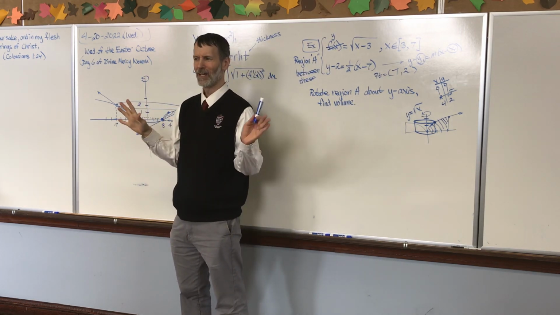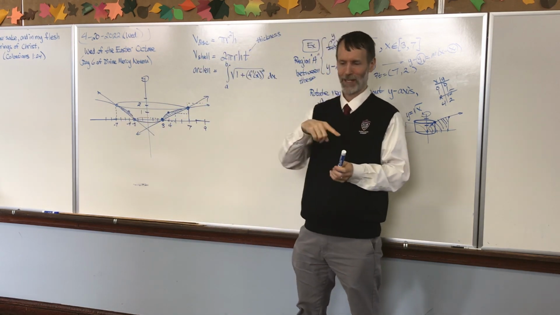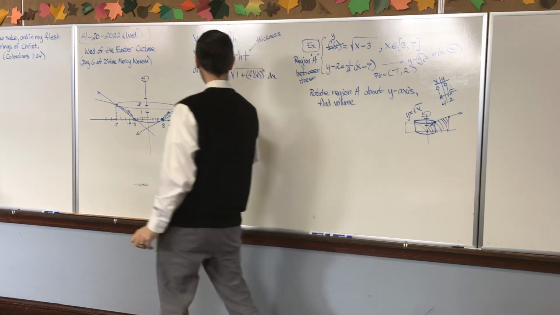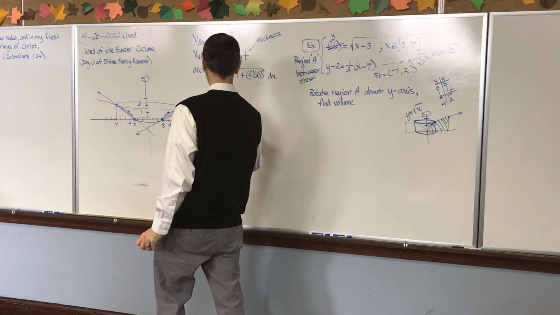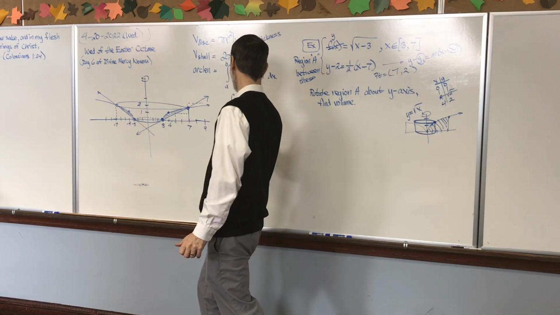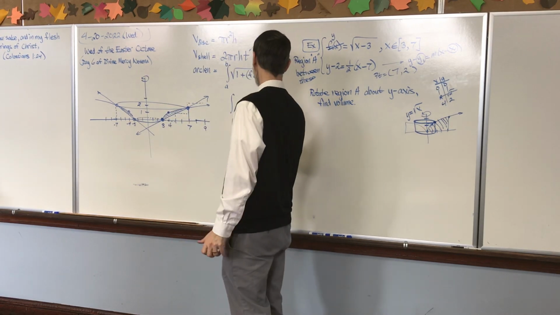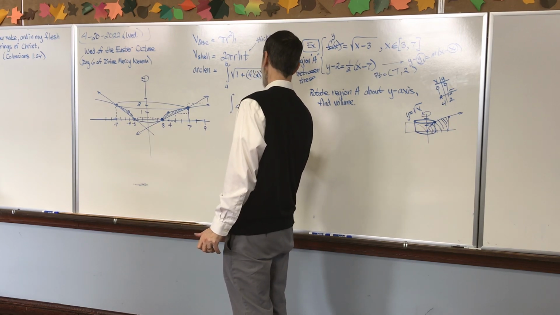Does that make sense? In other words, you're not gonna do one integral, you're gonna do two, and you're gonna subtract. So basically, you take the integral of this thing rotated minus the integral of this thing rotated.